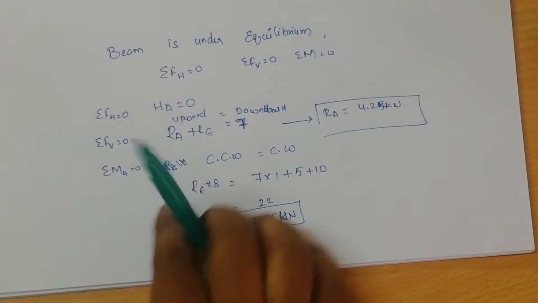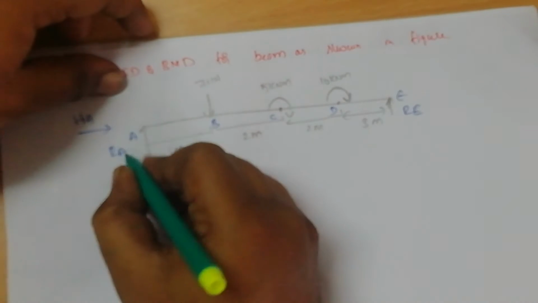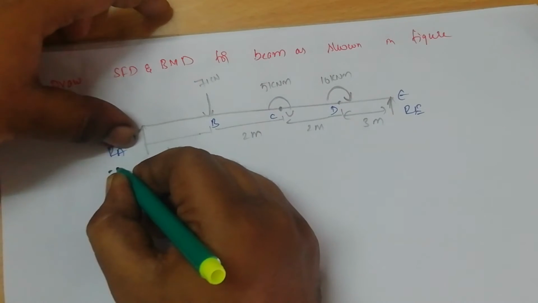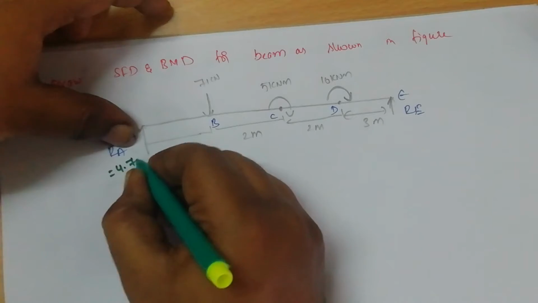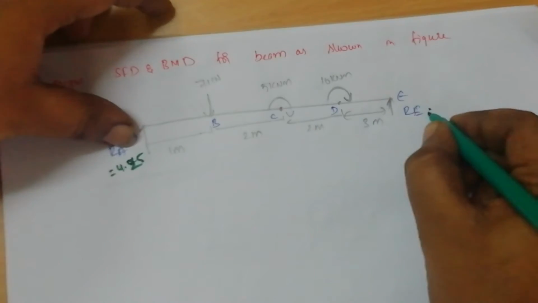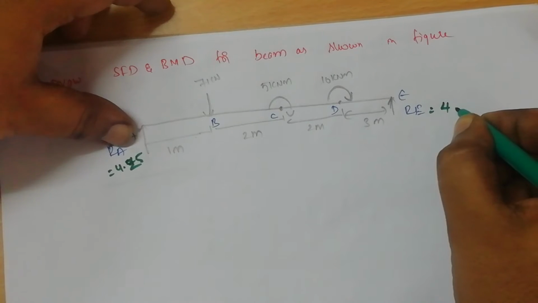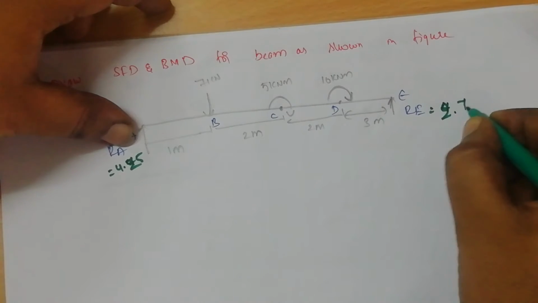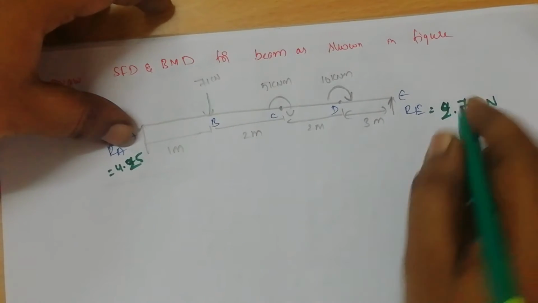Once I get these values, I will go to the diagram and replace RA equal to 4.25 and RE equal to 2.75 kilonewton. We have written the values.